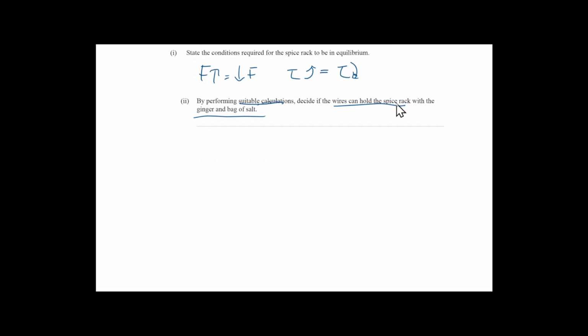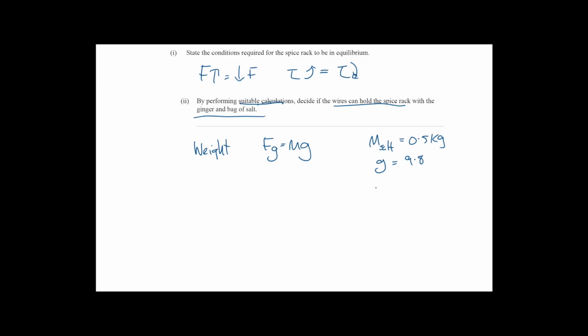So the weight of the salt, remember weight is mass times gravity, otherwise known as force from gravity, is mg. I'm doing these separately because they're in different places, and this is going to help us when we do the torque. The mass of the salt is 0.5 kilograms, so it's already in SI units, and gravity is going to be 9.8 newtons per kilogram.